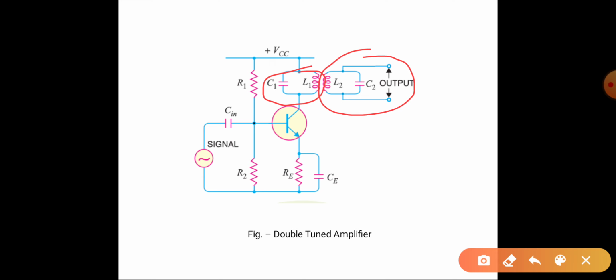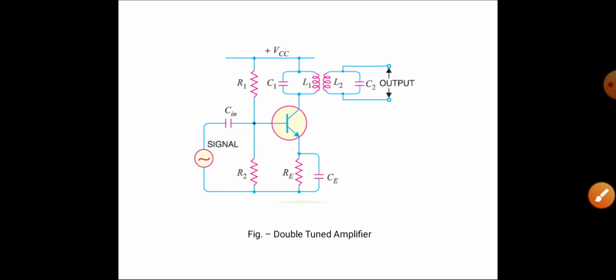The high frequency signal which has to be amplified is applied to the input terminals of the double tuned amplifier. The resonant frequency of the first tuned circuit L1C1 is made equal to the signal frequency.